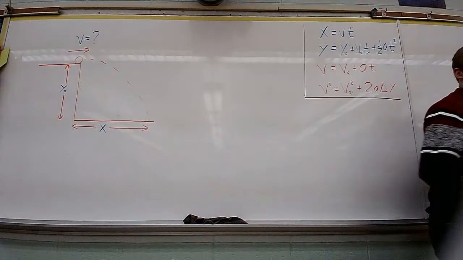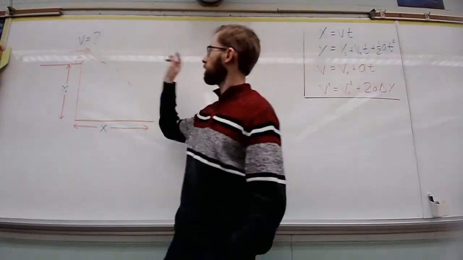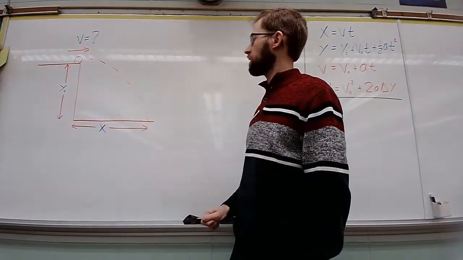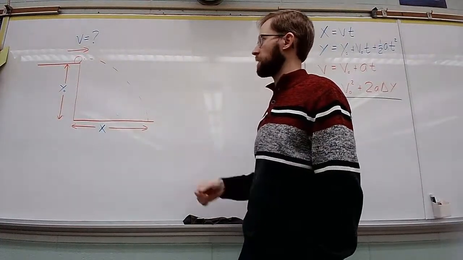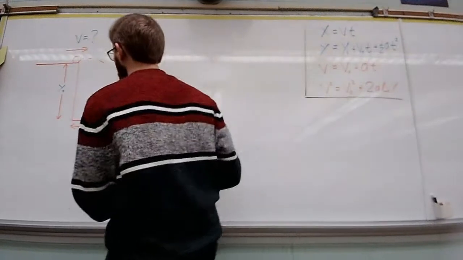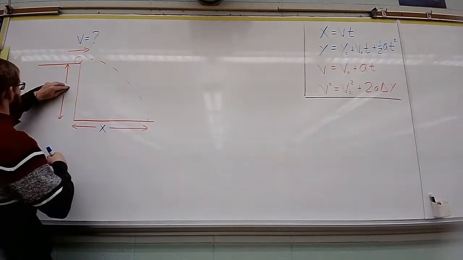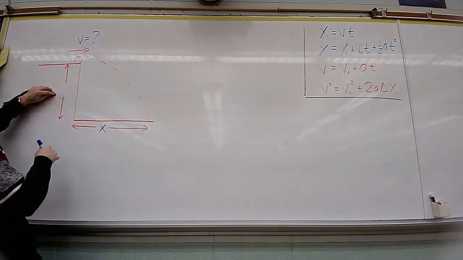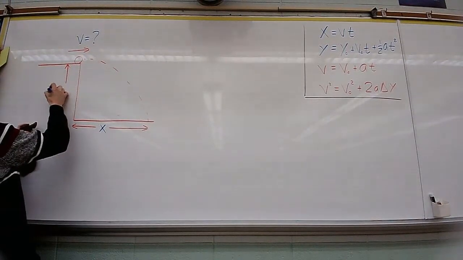So if I want to figure out how fast this object is going after it leaves the table, or as it's leaving the table, I need to find a couple pieces of information. And I'll just put in the ones that I measured. I found the height to be about 0.92 meters.